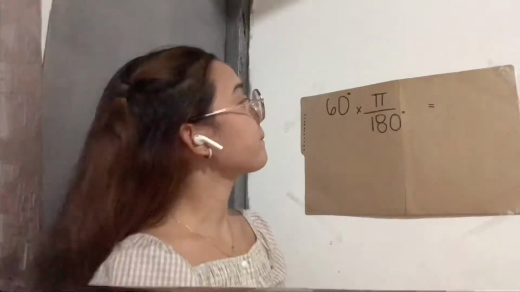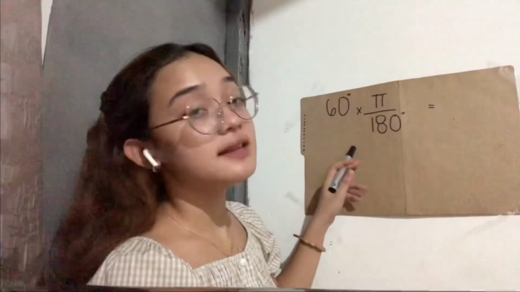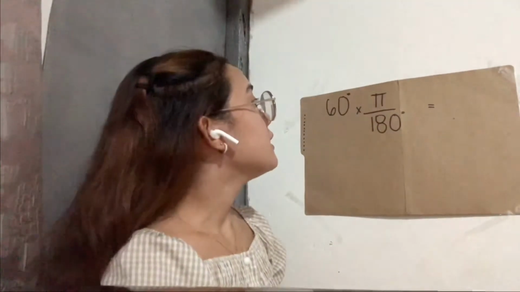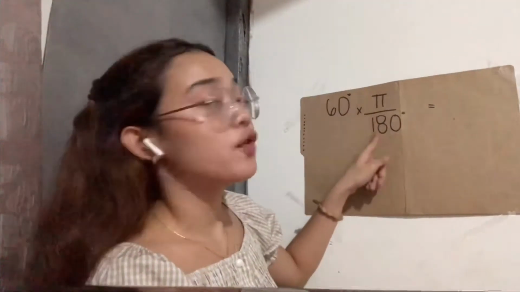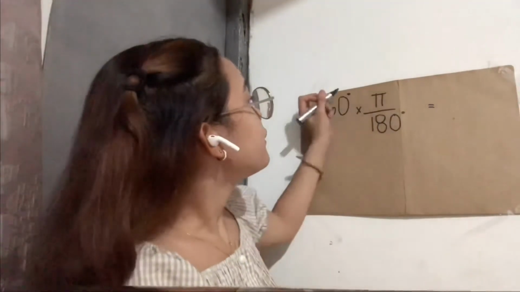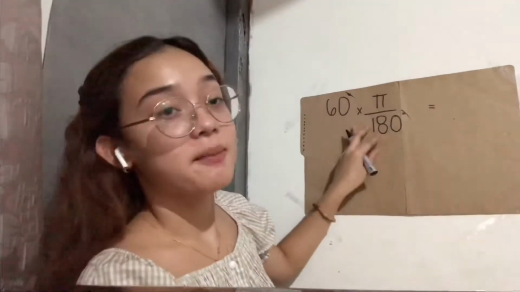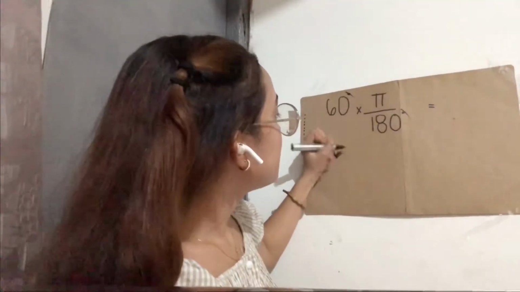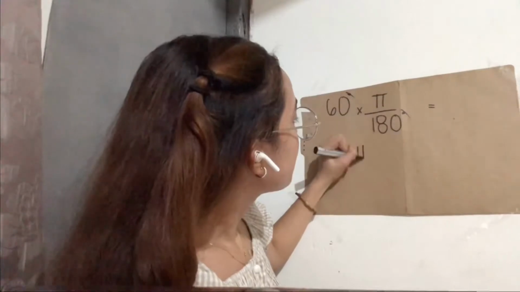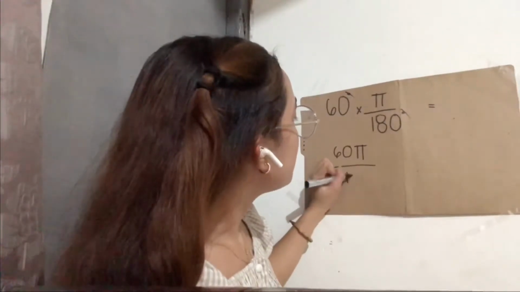So the first step that you will remember is just to multiply the angle measure in degrees by pi over 180. So let's take these as our example. 60 degrees times pi over 180 degrees. You just have to cancel these out, and after that, multiply them. 60 pi over 180.